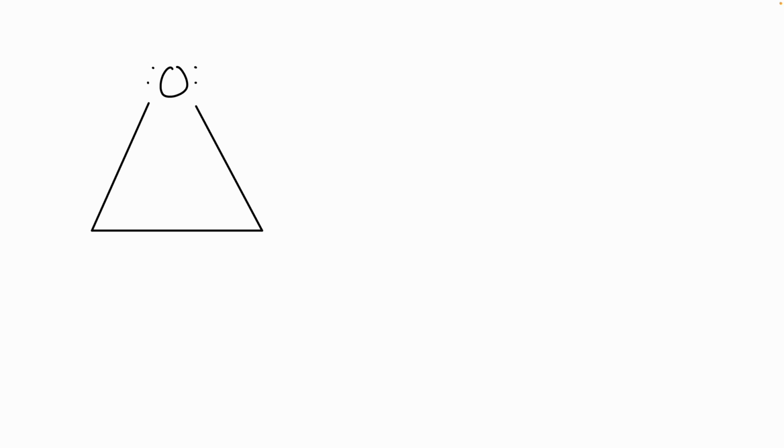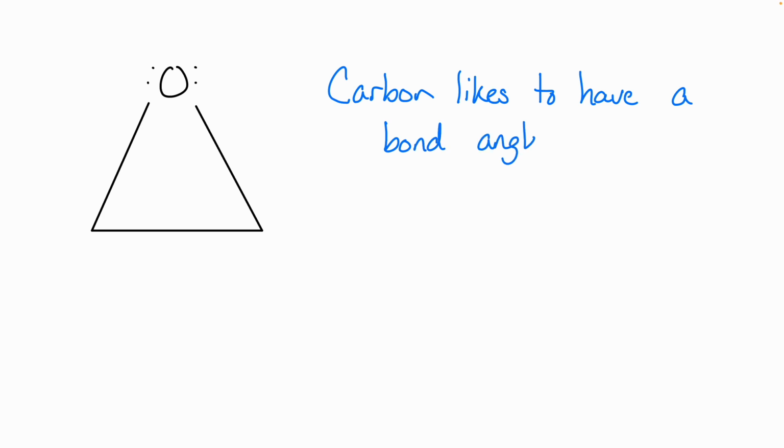Yes, exactly. That tetrahedral geometry of a carbon atom will lead to a bond angle of 109.5. All right, so carbon likes to have a bond angle of 109.5 degrees.